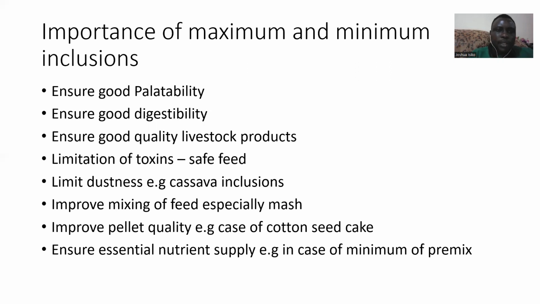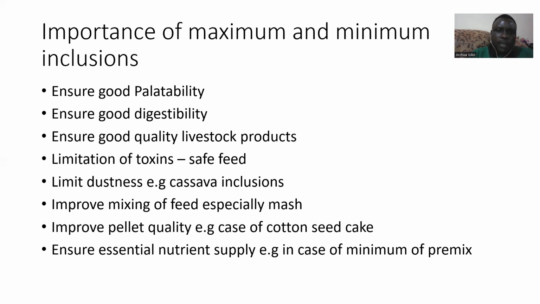The number one importance is to ensure good palatability. I gave you an example of the soybean meal, soybean cake, soybean full fat, all the three products of soya. They have a maximum beyond which the feed is not tasty.